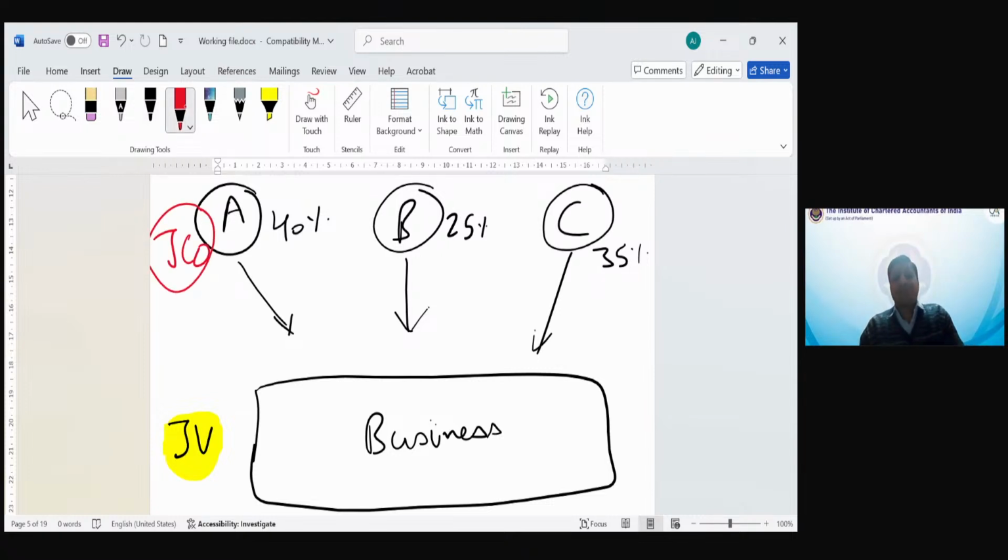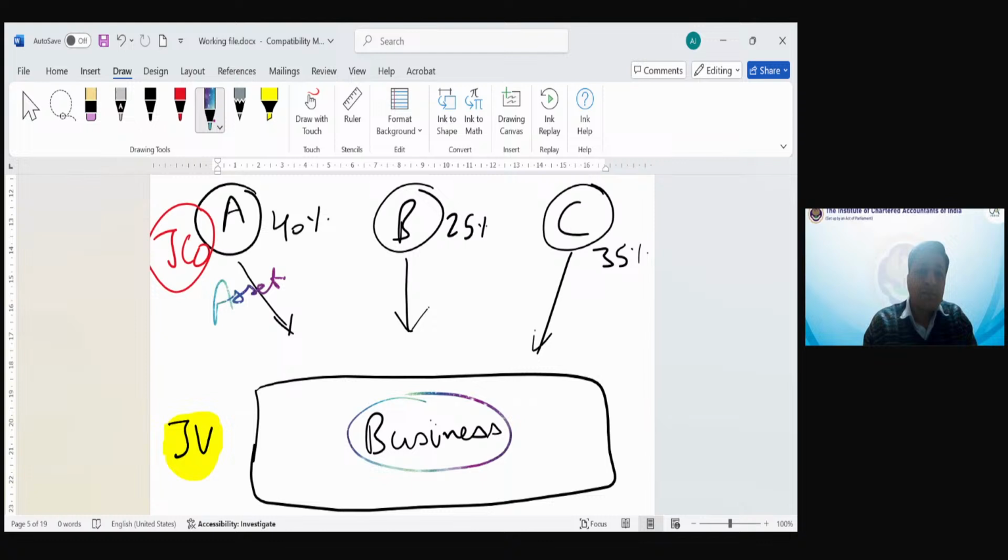If you look at this business, whatever will be the portion of A, I'm not talking about net assets, I'm talking about whatever be the portion of assets, liabilities, profits, losses, revenue, expenses, anything that this business has got, whatever portion A will have in relation to this business.